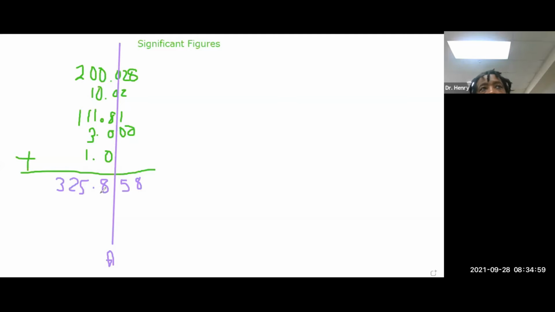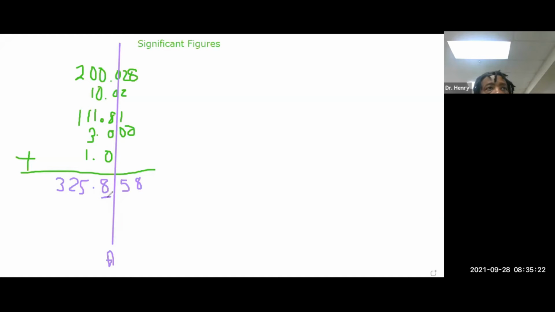So significance ends after the 8, right? We're looking at the 8 itself, and we're trying to decide whether we're going to round it up or leave it alone.